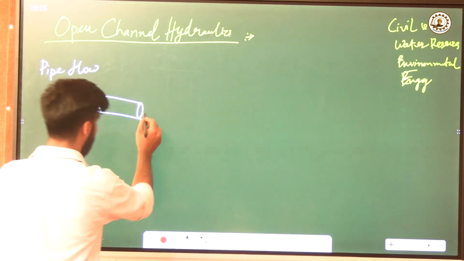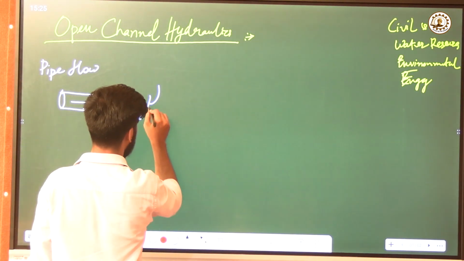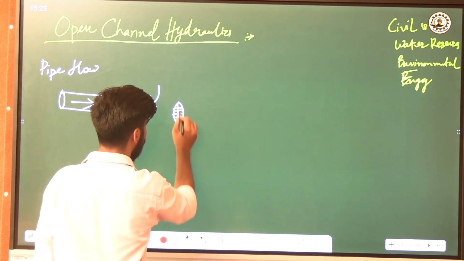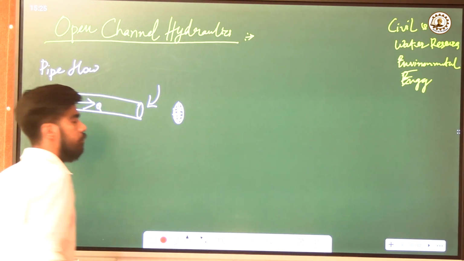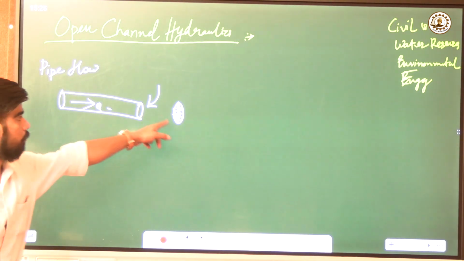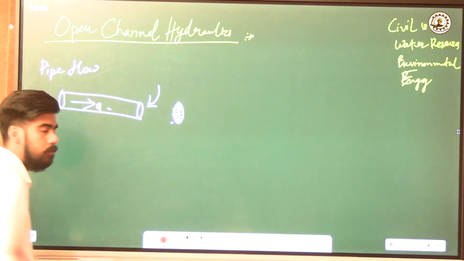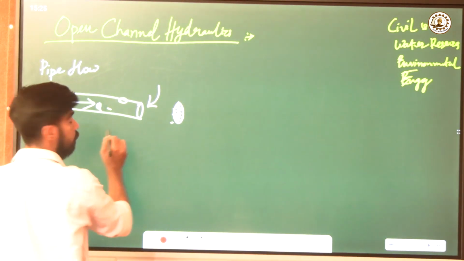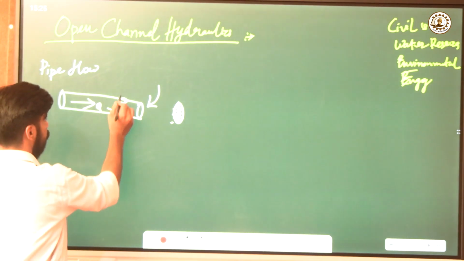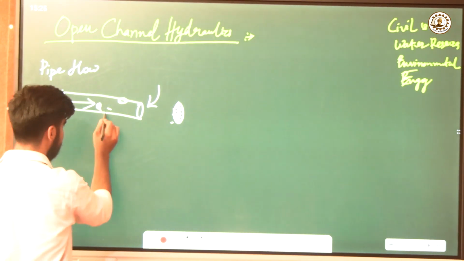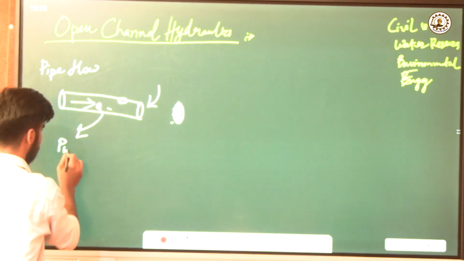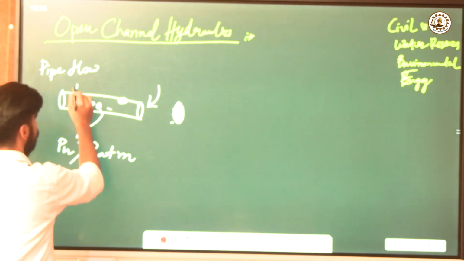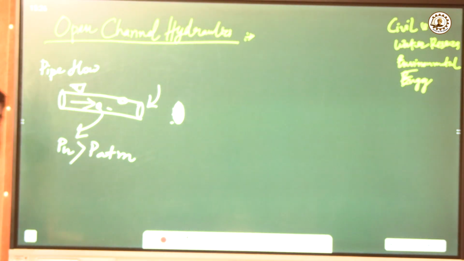Now the flow is flowing and the pressure subjected to the flow is acting on a closed volume, which is a cross section of the pipe. So in this pipe flow, if I dig a hole at this place, if the pressure inside the pipe is greater than the atmospheric pressure, then what happens?